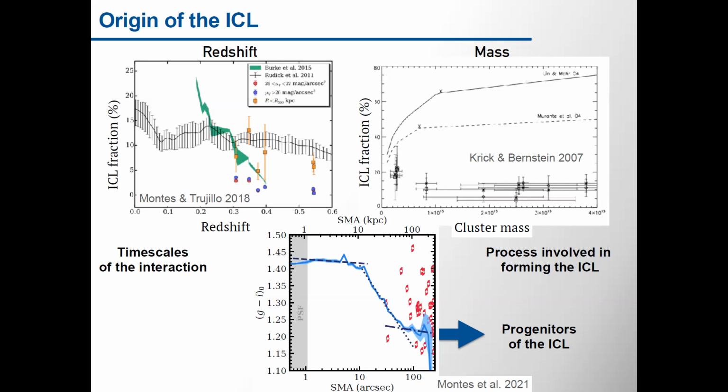If we study the correlation with the mass of the cluster, we can see the processes involved in the creation of the intracluster light. And we can use colors, ages and metallicities, the properties of the stellar populations, to see what the progenitors of this intracluster light are.